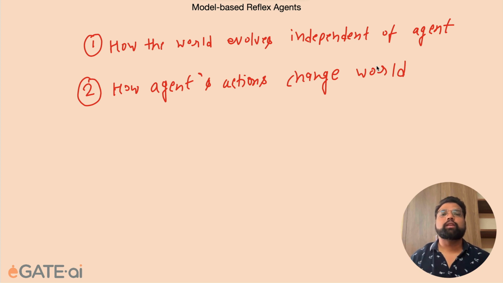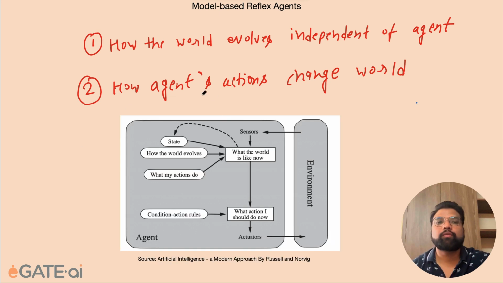So let's look at the block diagram similar to the one we saw for the simple reflex agent. This diagram is from the book Artificial Intelligence: A Modern Approach by Russell and Norvig. We are following this very standard book for this course. Previously we only had the current percept information, right? But now we have two extra things: how the world evolves and what my actions do. These two pieces of information the agent has to maintain.